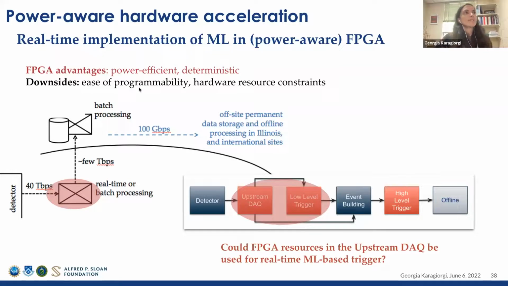They often require the expertise of engineers, and they also come with built-in hardware resource constraints. So if you're dealing with a fairly large network and fairly large input sizes, then you might be limited in terms of computational fabric, but also memory availability in your FPGA device.